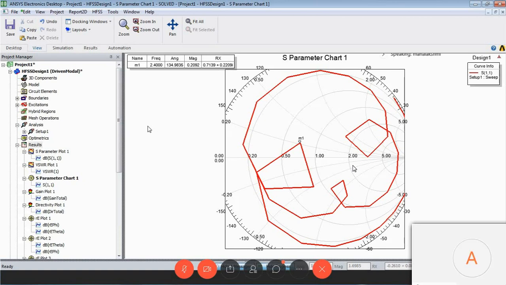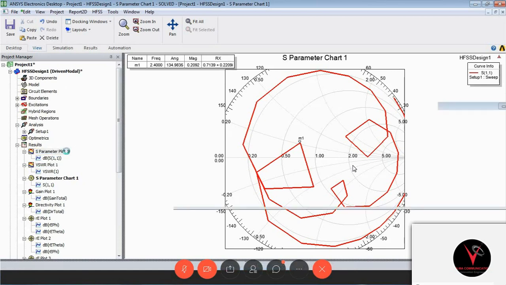Sir, can you tell about S parameters? S11 means input is given to the first port and the output is reflected, so it is reflecting back to the input itself.